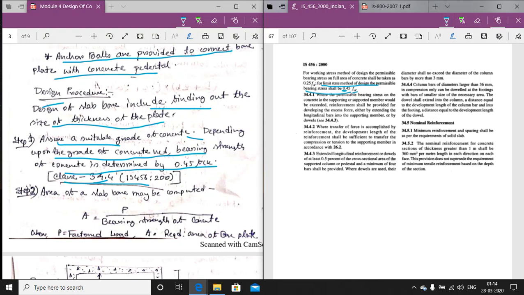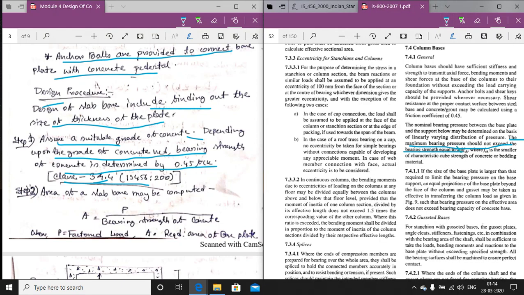Do not fail by that. So this will be our first step to determine the bearing strength of the concrete, that is 0.45 FCK.